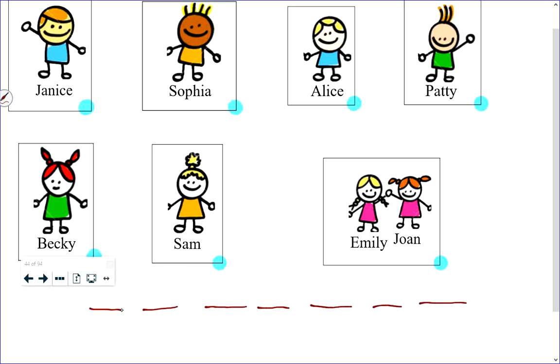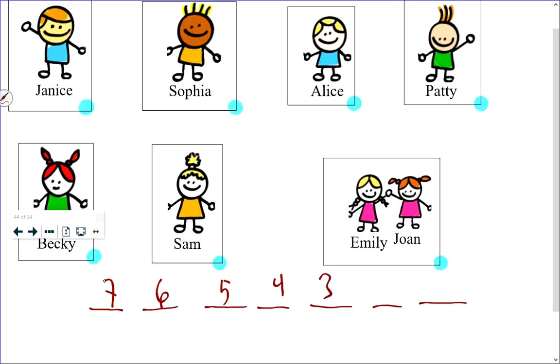And I have to decide which of these 7 items, and one of the items is a group of 2 people, goes in the first spot, and that would be 7 choices. And I've chosen some item. Maybe Patty is there, maybe Sam is there, maybe Emily and Joan are there. But remember, they're together. Okay? And then I have 6 left, and 5, and 4, and 3, and 2.